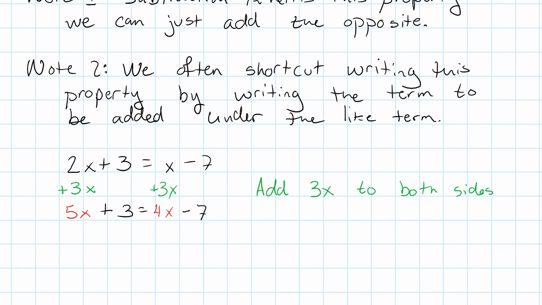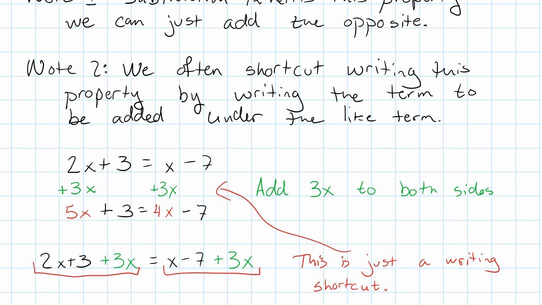So this is just a shortcut way of writing. What we've actually done is to add 3x on both sides of the equation, and then simplify each of these expressions by combining like terms. Note what we mean by both sides of the equation.